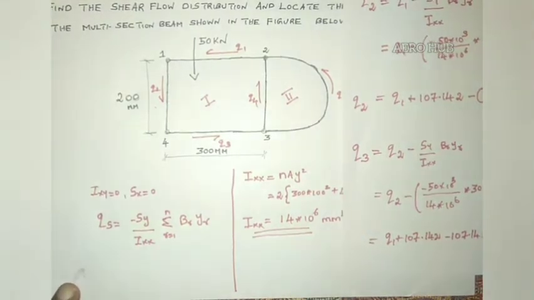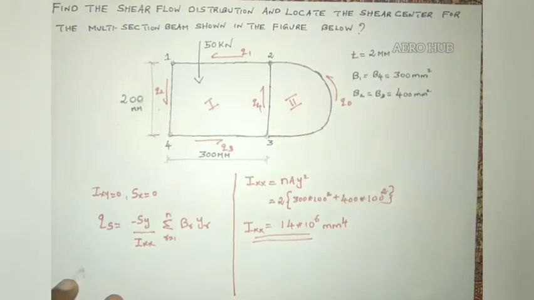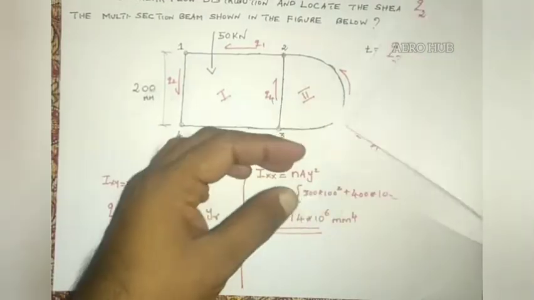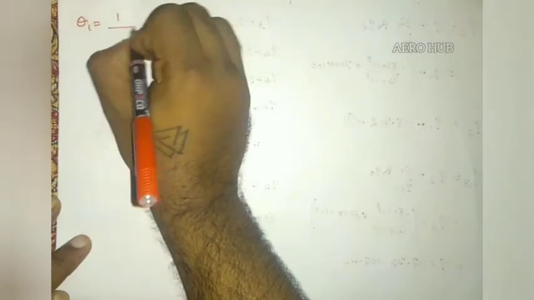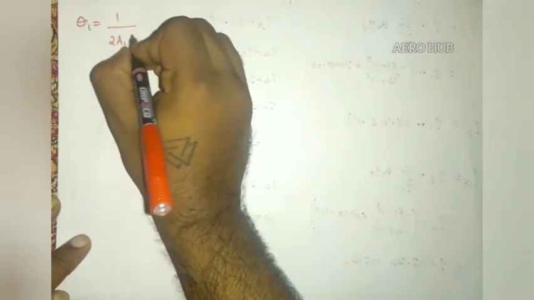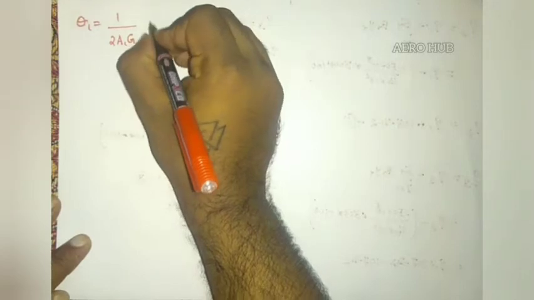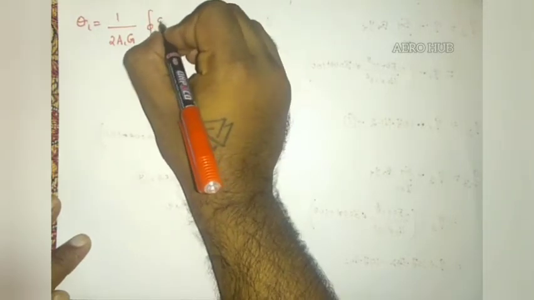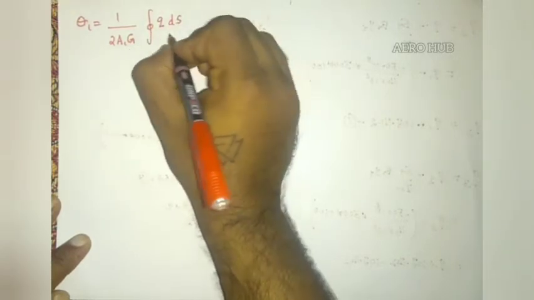Now what I have to do is, theta 1 is equal to 1 by 2A1G integral q into ds by t.